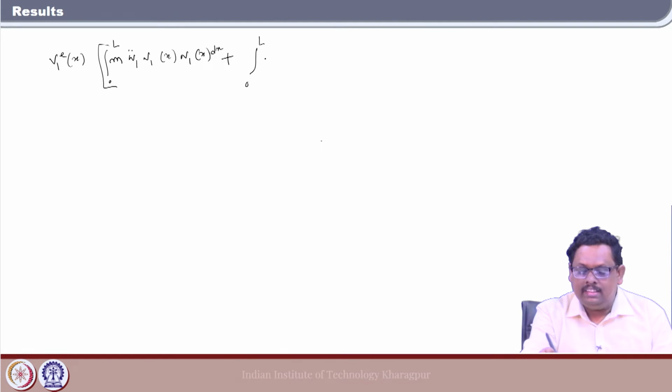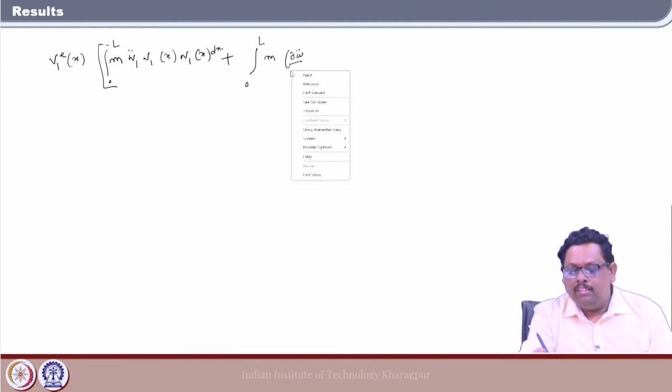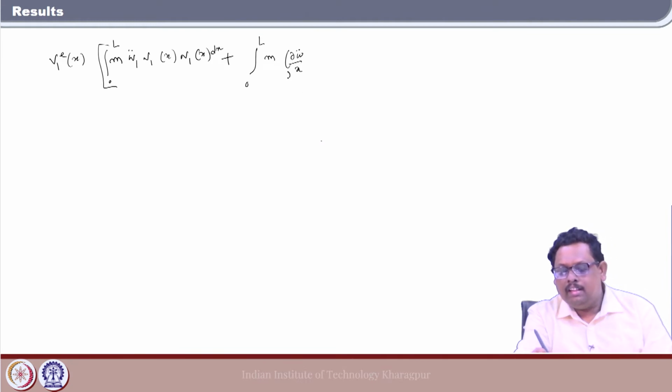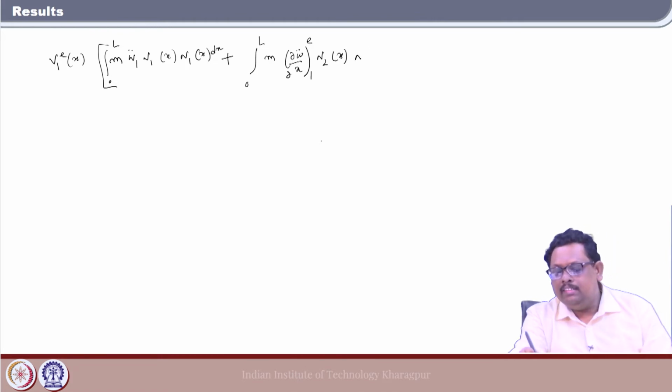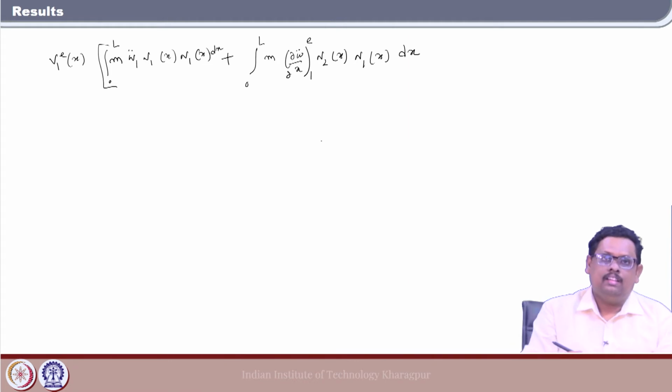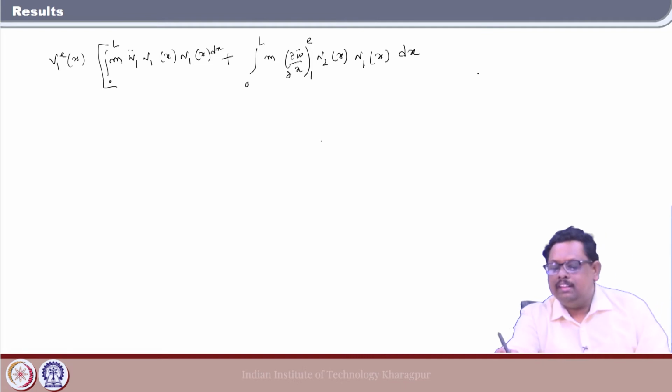Now, I take the next term which is del W double dot by del x at element E for 1, and then you should multiply with N2 x. Now, since V1 is always with N1 x, it is N1 x, and then it is dx. Now, similarly you can write the other two terms also.